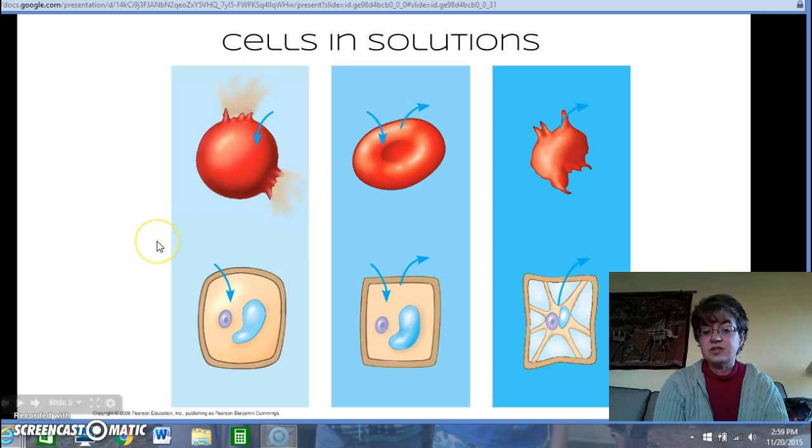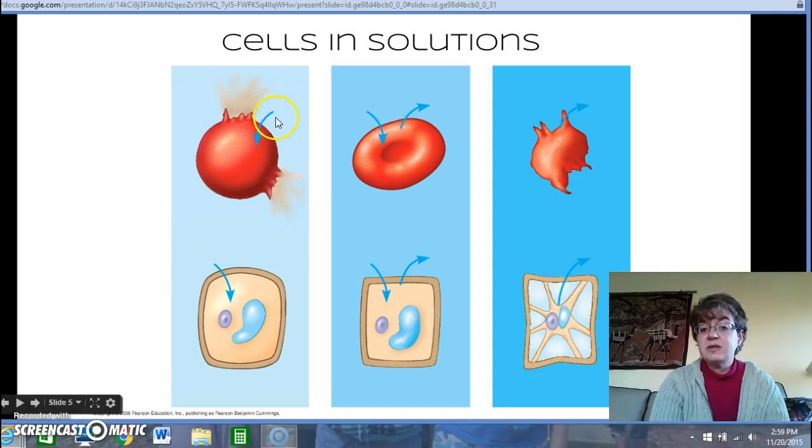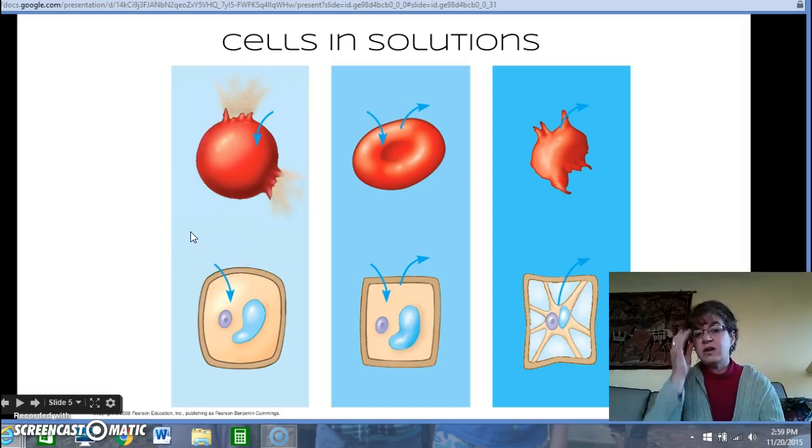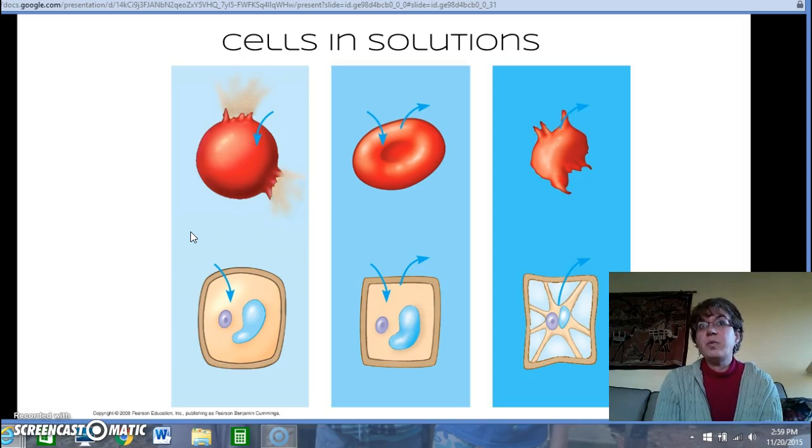So in this solution, the blue arrows show how the water is moving. You see in both of these cases, the blue arrow is the water is moving into the cell, and here the water is moving into the cell. Well, I know if my water moves to wherever there are more solutes, there must be more solutes in the cell. That means there's less solutes outside of the cell.